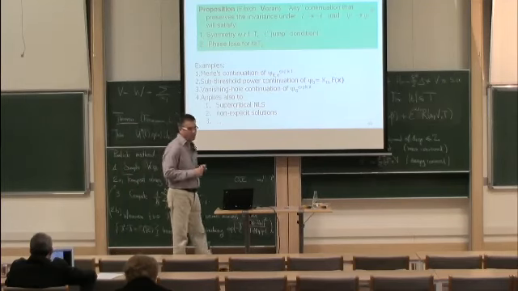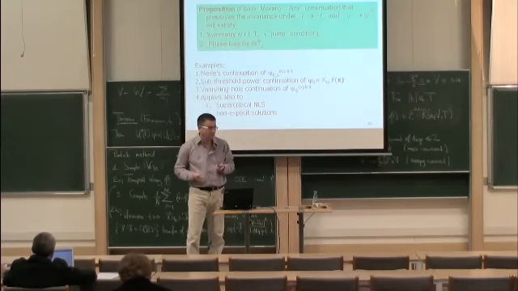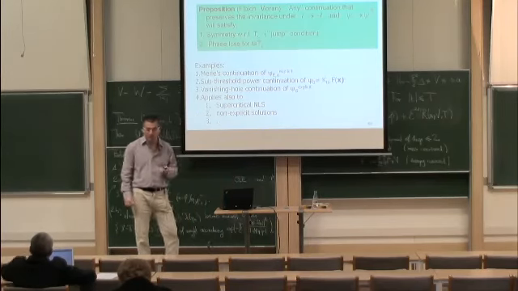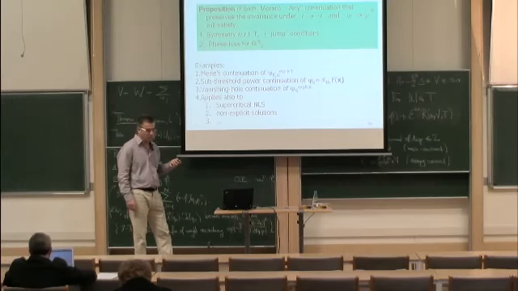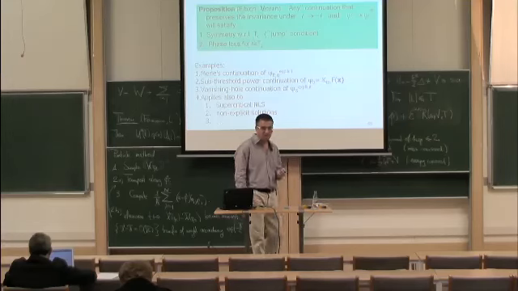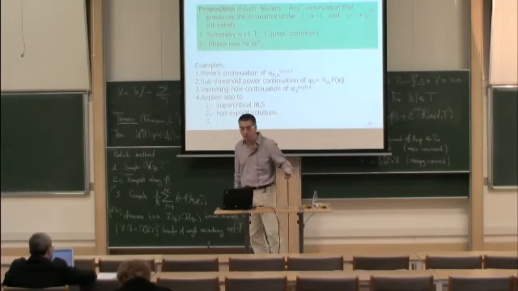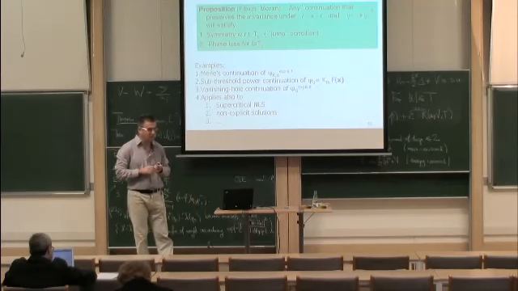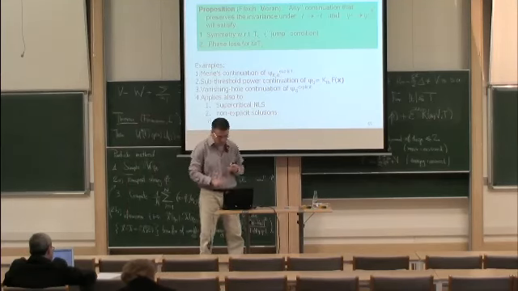For example, so far I only talked about critical NLS, but if you take supercritical NLS and do a continuation which preserves this time reversibility, you would still have these two properties. Most of the results I showed were for explicit solutions, but if you take a non-explicit solution and do a continuation which preserves this time reversibility, you would still have these two properties. So it's a very general result.